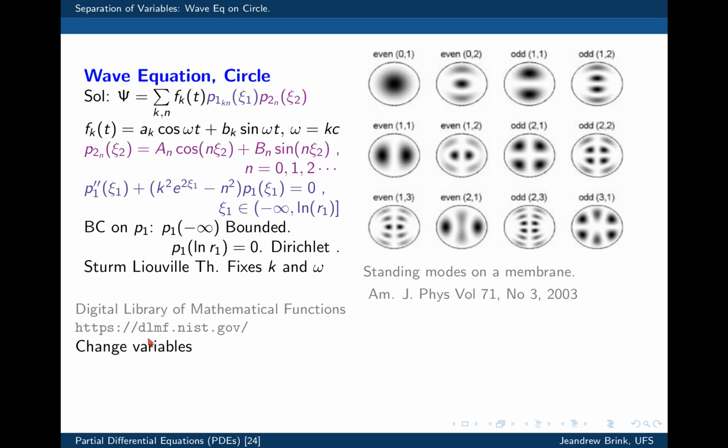Okay, so the first thing you can do, or one of the various things you can do if you get an equation like this, is change variables, and then you can make the equation look different and hope you can solve that one. And the problem, of course, is what change of variables do you want to choose?